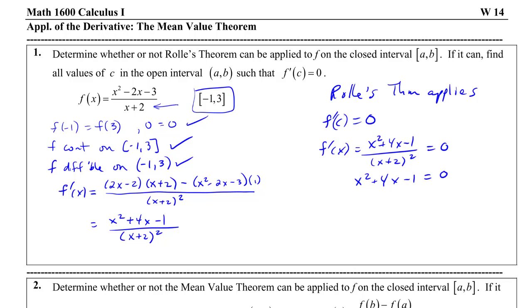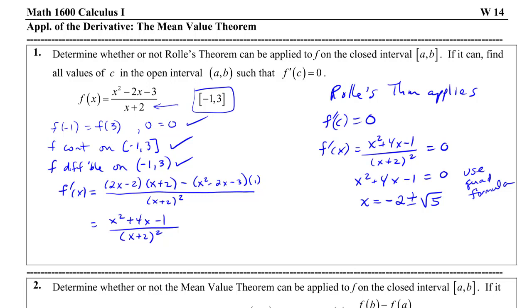If you do that, you're going to see that x would come out to be -2 plus or minus the square root of 5. So use the quadratic formula. I'm just going to skip some of those steps. Now it looks like we have 2 points according to the theorem, but be careful.